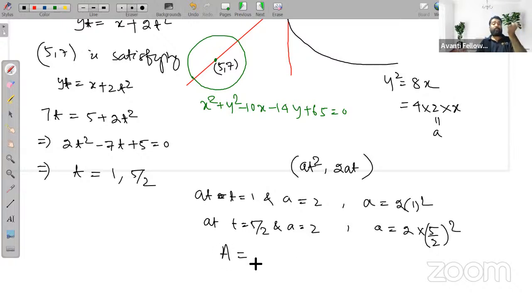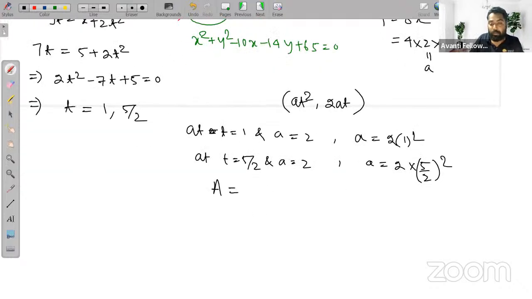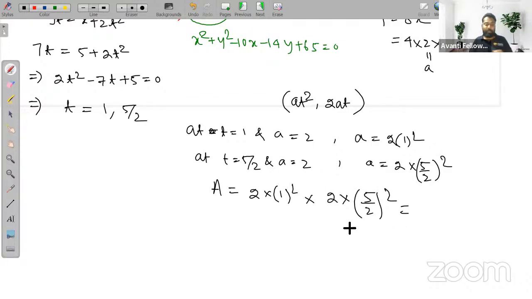Capital A is the product of possible values of a. So one is 2 into 1 squared, and the other is 2 into (5/2) squared. Solve it and tell me the answer.